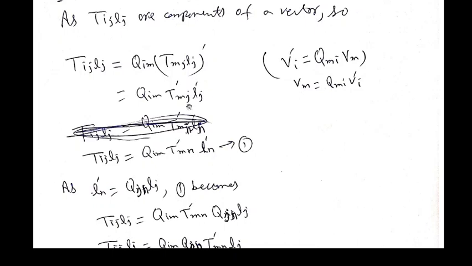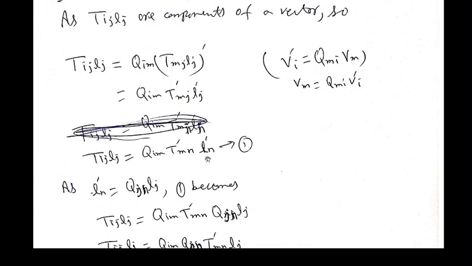You cannot use m again, because m is already a dummy index in this term. Now we know that l_n are the components of a vector, so we can write l'_n equals Q_jn l_j. So it is jn, not nj.